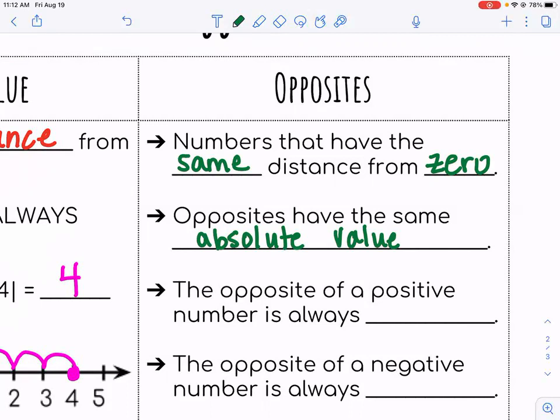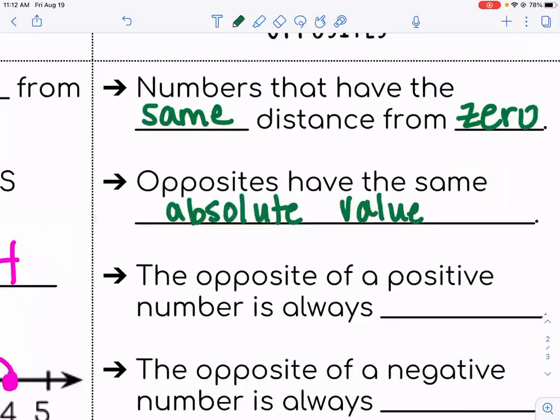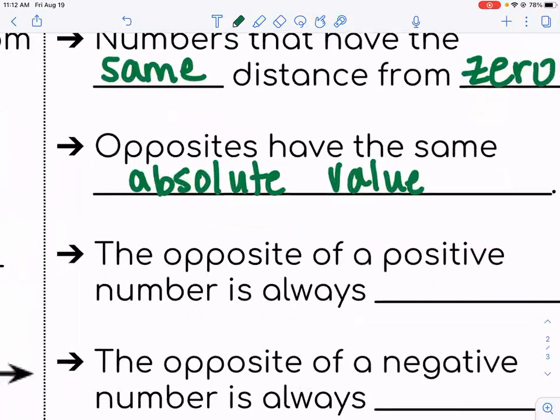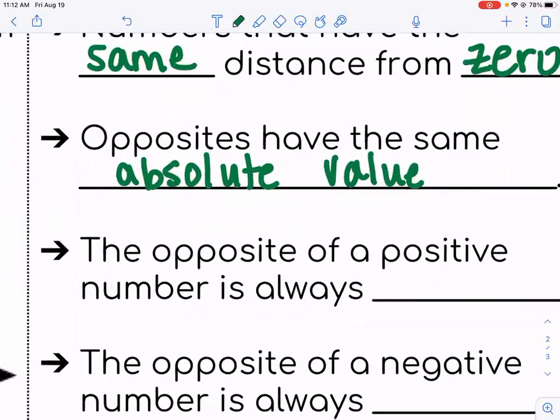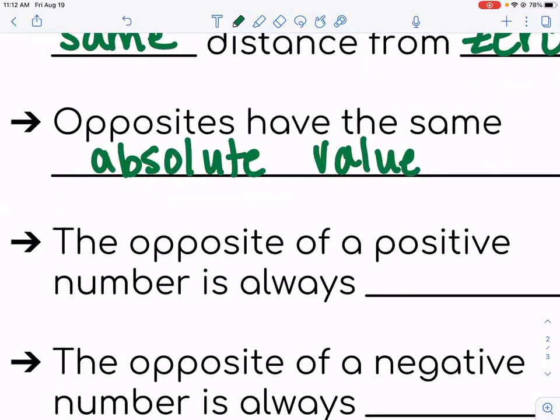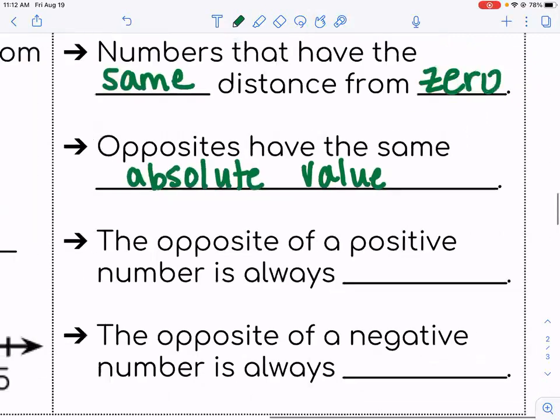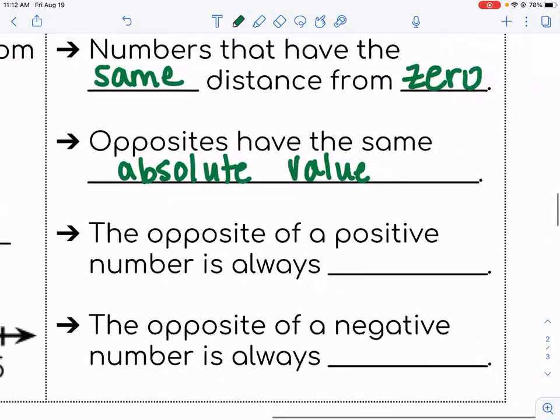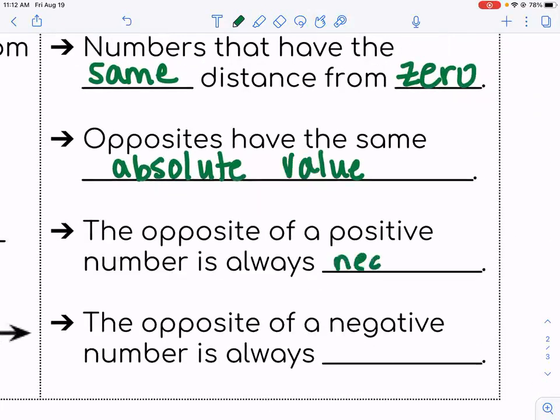Okay, the opposite of a positive number, if I give you a positive number like +3, and I ask for the opposite, it's always going to be negative. And then we're going to flip that around.